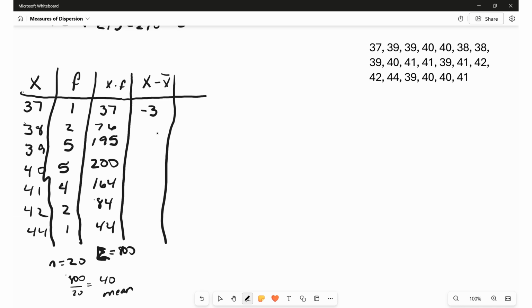So we end up with that data point is 3 below, that's 2 below, 1 below. That is exactly the mean. That's 1 above, 2 above, and 4 above. Now we can square all of these so that we can begin to standardize this. Okay, so we get 9, 4, 1, 0, 1, 4, and 16.